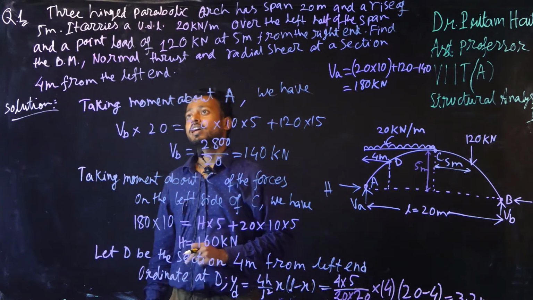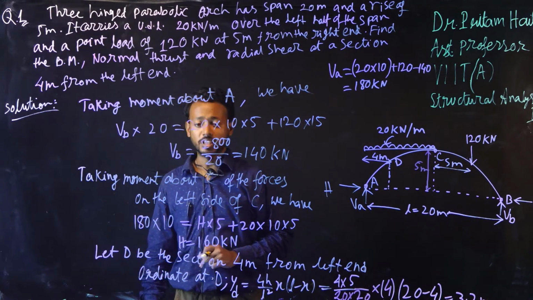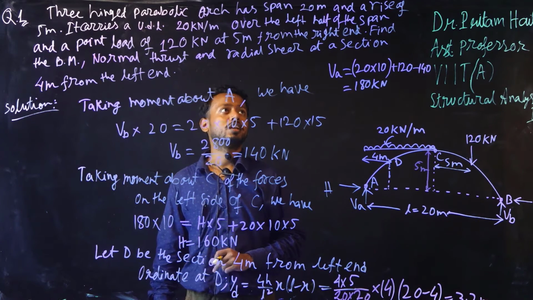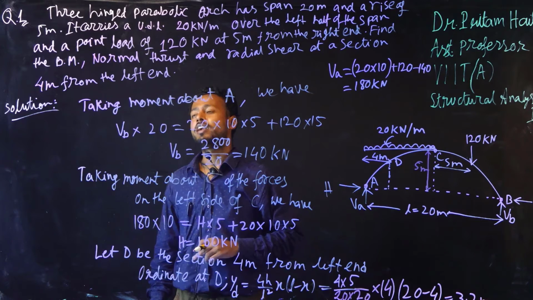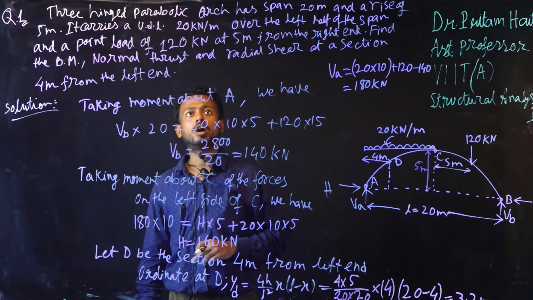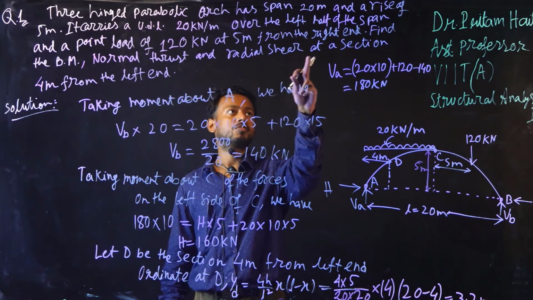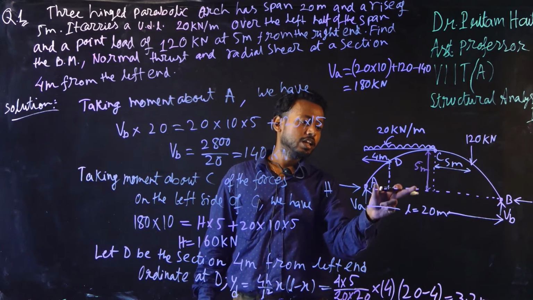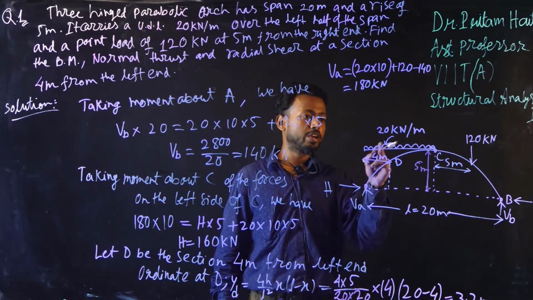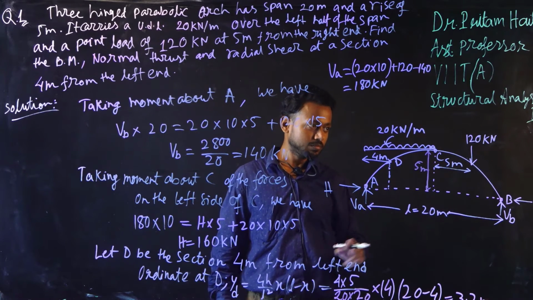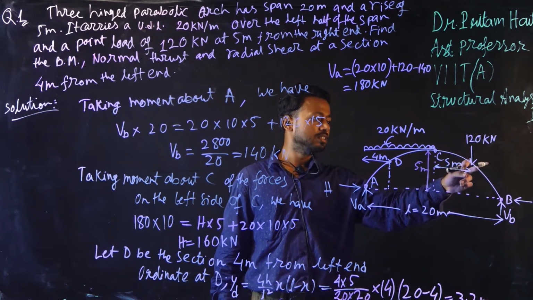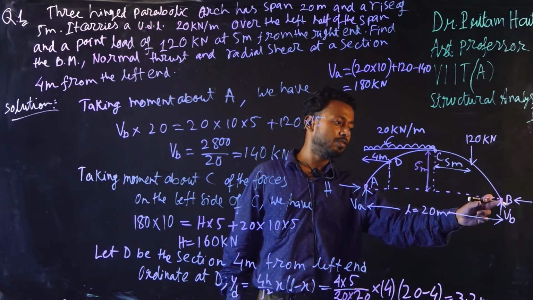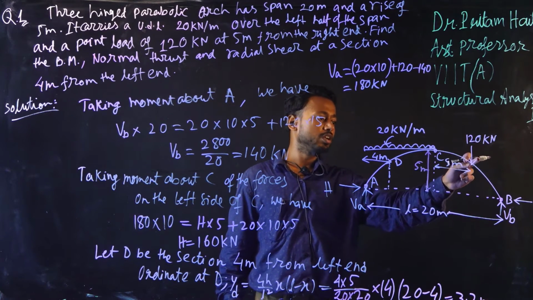It carries a uniformly distributed load of 20 kilonewton per meter over the left half of the span, and a point load of 120 kilonewton at 5 meter from the right end. The point load is 5 meter from the crown, and also 5 meter from the B support.